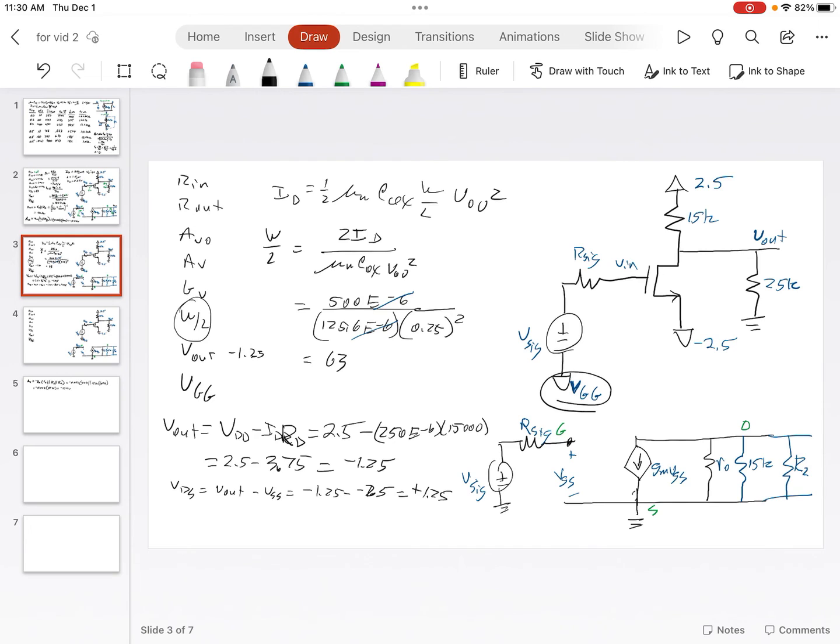Finally, I would like to know what this value of VGG should be. What's the DC bias we need on the gate to make this transistor work? Well, VGG is the value on the gate, and the source is at 0.